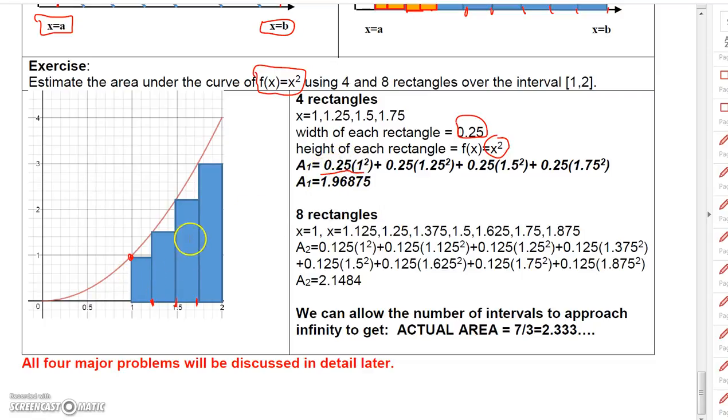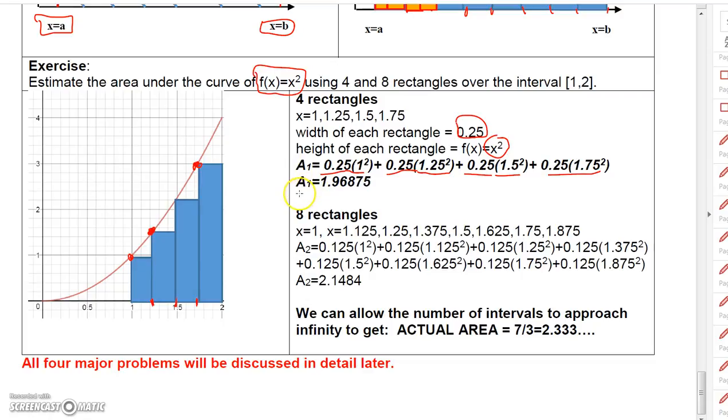The next rectangle occurs at 1.25, so plug 1.25 into the function to get your height, 1.25 squared, and 0.25 is the width. The next one occurs at 1.5, so plug 1.5 into your function to get the height, and 0.25 is the width. The last rectangle's height is the function evaluated at 1.75, and its width is 0.25.